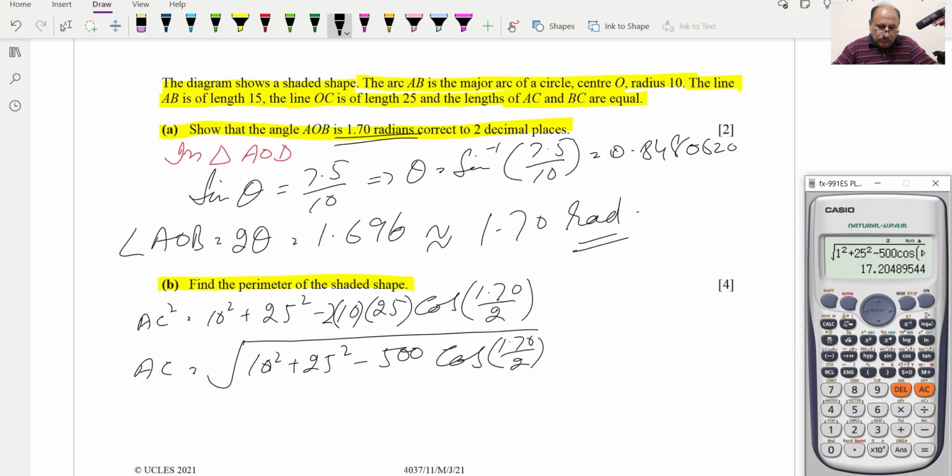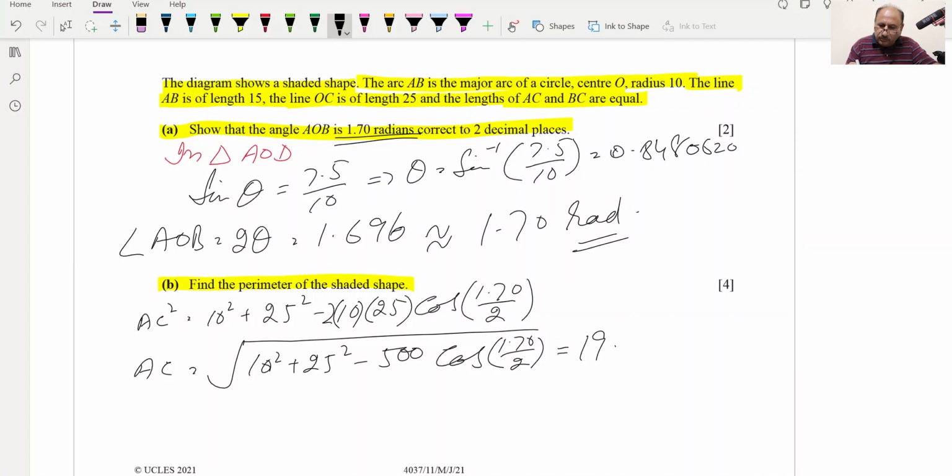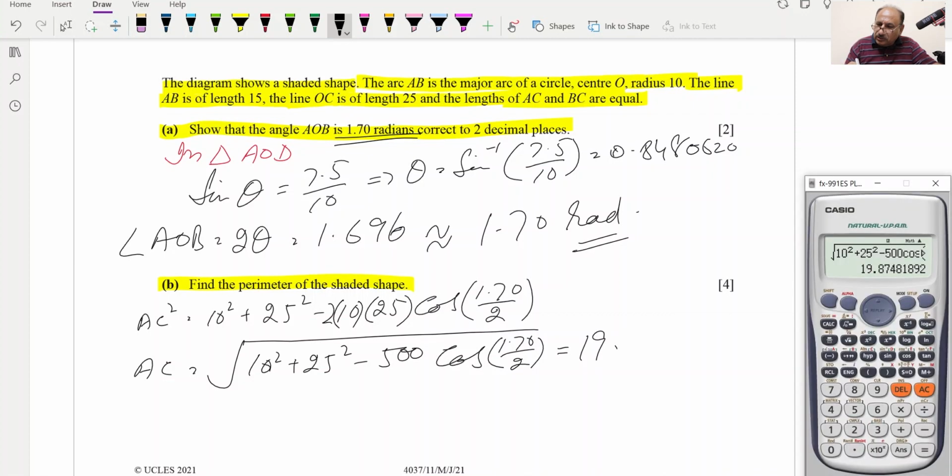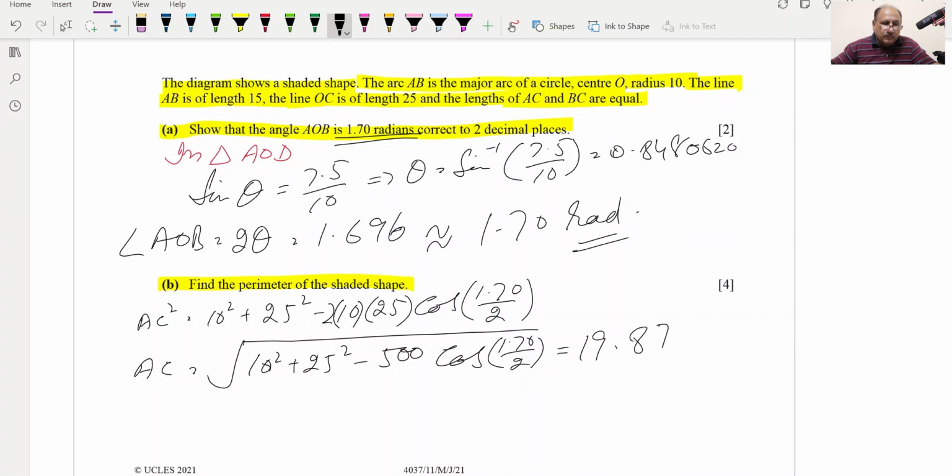Again we are making some mistake: 10 into 2, and this will be what? We wrote 1 squared, it should be 10 squared, we missed a 0 over here. Yes, 19.87. In lengthier calculations we have to be careful, and in a hurry we make mistakes. So 848 we can also mention. This is the AC value.